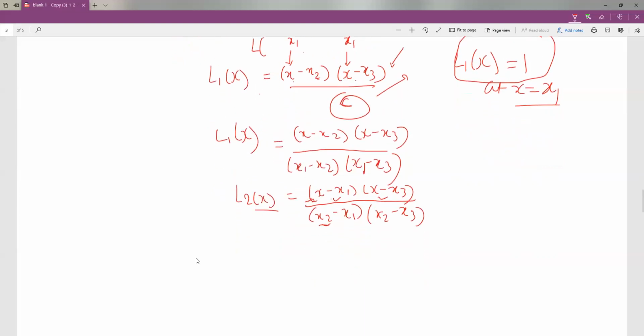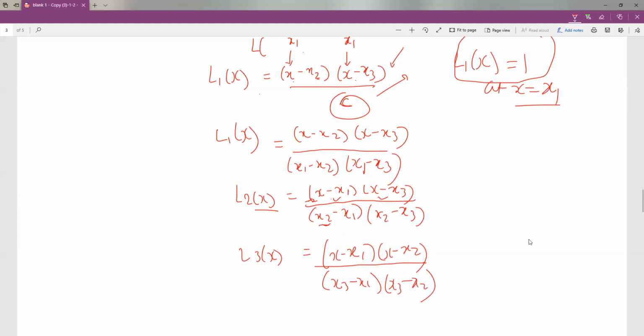Now the third coefficient, how are we going to write it? It is very easy, since we want it to vanish at nodes 1 and 2. So I simply write x minus x1, x minus x2, and in the denominator the same evaluated at x3: x3 minus x1 and x3 minus x2.